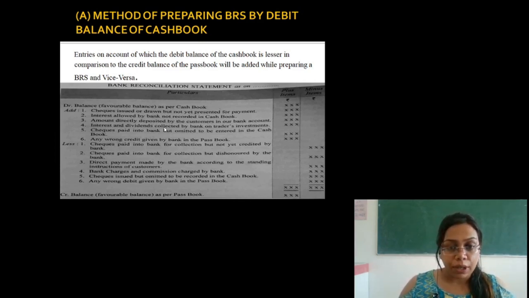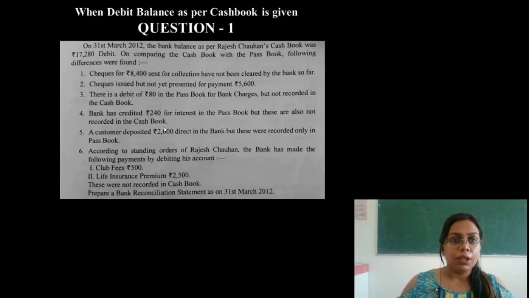Now we will move towards our first numerical of BRS. This is the question of BRS when debit balance as per cash book is given. On 31st March 2012, the bank balance as per Rajesh Chauhan's cash book was 17,280 debit.